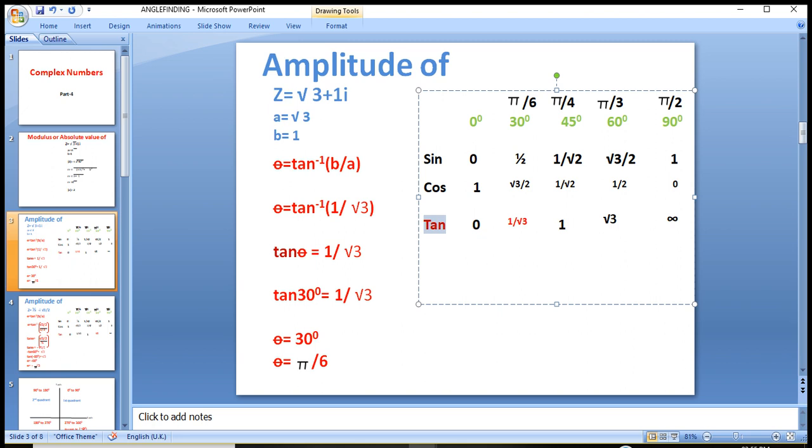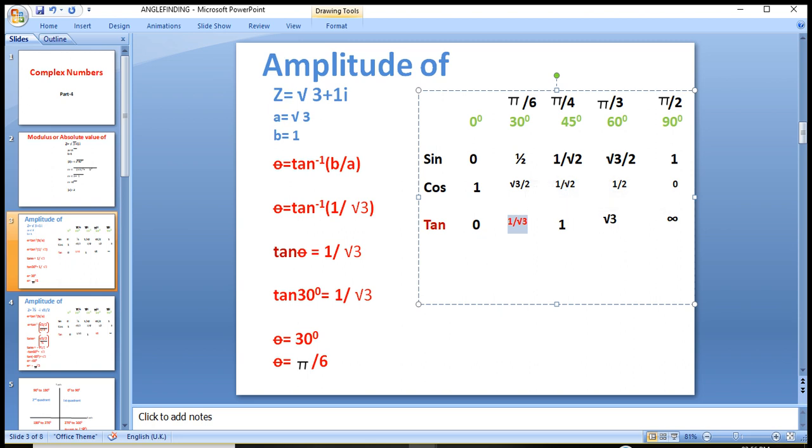In place of theta, write the angle. The angle is 30 degree. You are seeing 1 upon root 3 is the value in front of tan, and it is representing an angle theta of 30 degree, so we are putting 30 degree in place of theta.